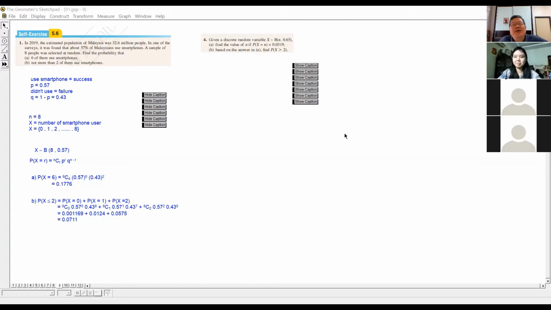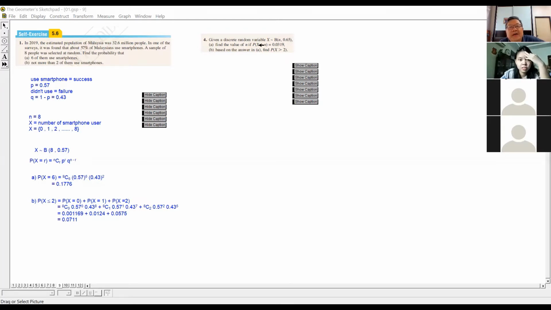Okay. You must be berani kerana benar. You know what is berani kerana benar? You see this one, P of X equal to n equals to this number. You copy this whole thing, then put it on your answer sheet.